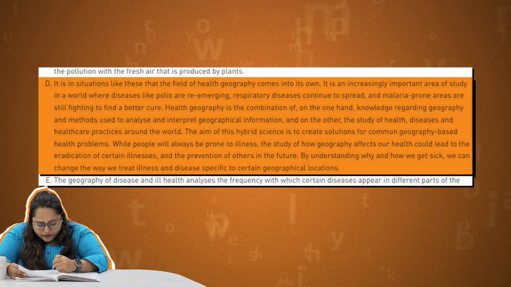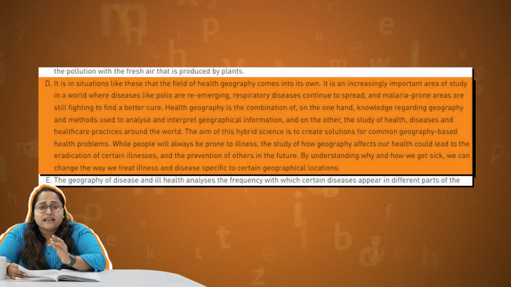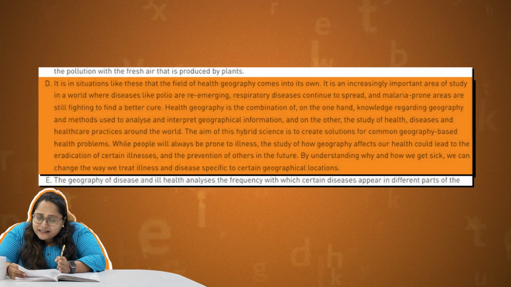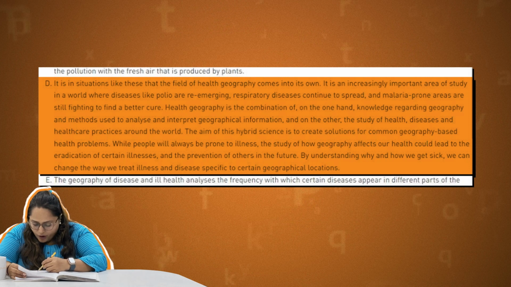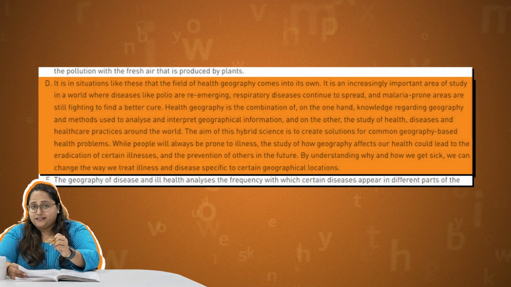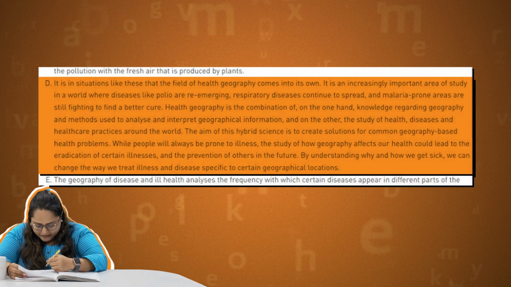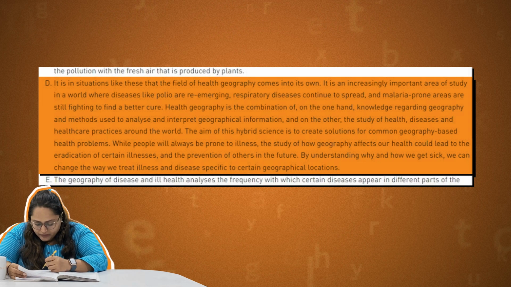While people will always be prone to illness, that simply means it is accepted that it is going to happen. The study of how geography affects our health could lead to eradication, it's not sure, could lead to eradication of certain illnesses and prevention of others in future.